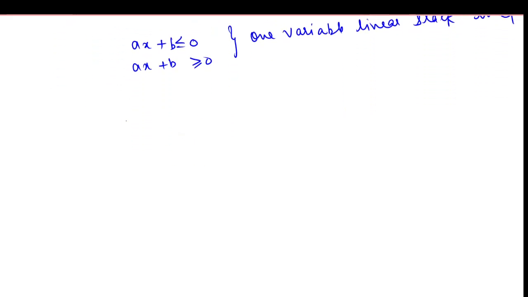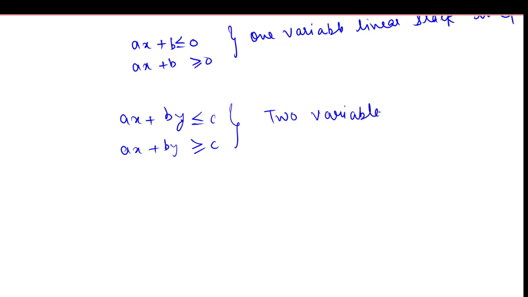Next is ax plus by less than or equal to c, ax plus by greater than or equal to c. So it is a two variable linear slack inequality.